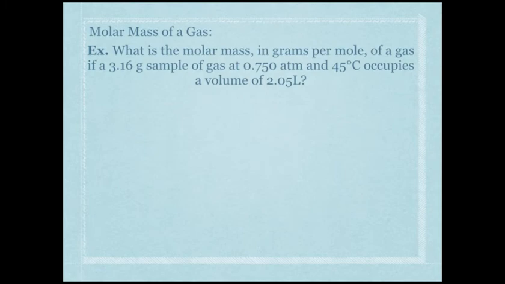So let's actually do the problem. So I'm going to use PV equals nRT. I have my pressure already in atmospheres. I have my volume already in liters. I'm solving for n, my number of moles. I know my R is 0.0821. And my temperature right now is in Celsius, so I need to convert that into Kelvin by simply adding 273. So I plug in all of my values.